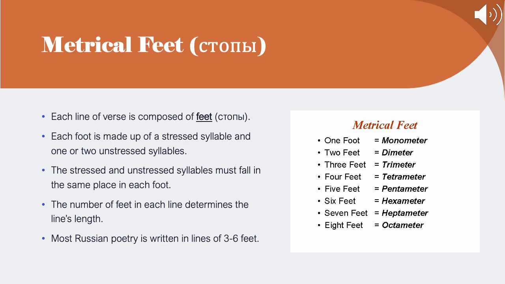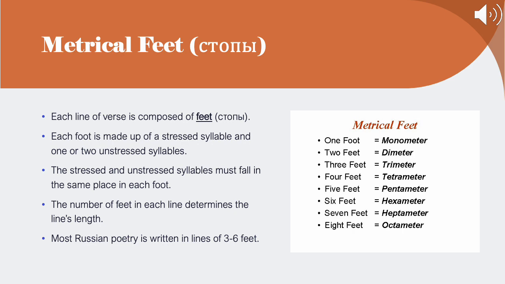So, as I mentioned in the lecture about the development of the Russian alphabet and the Russian literary language, starting in the 18th century, Russian poetry was written in the syllabotonic style. And what that means is that lines of poetry had fixed numbers of syllables and fixed numbers and places of stresses.